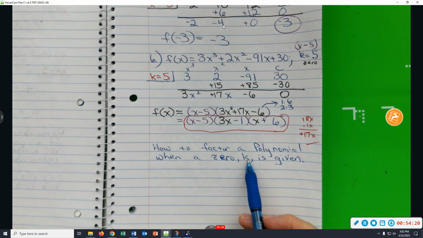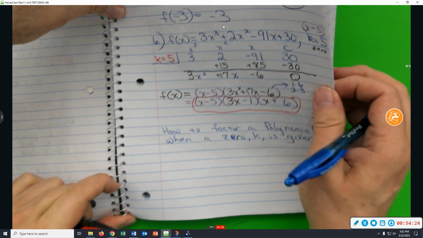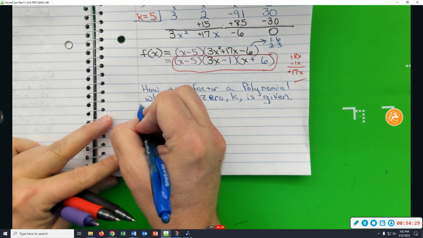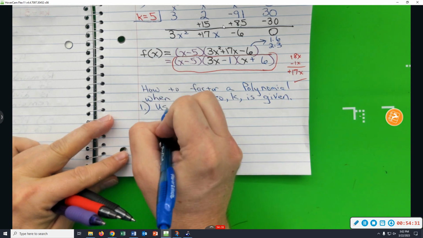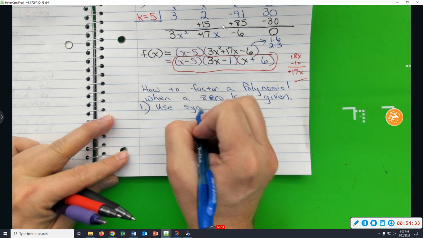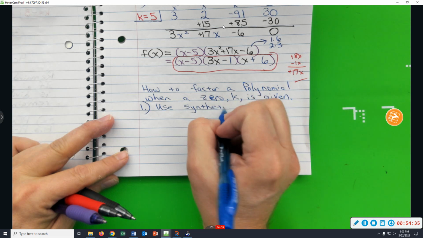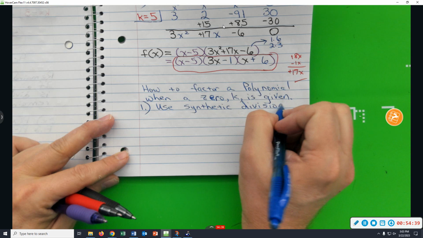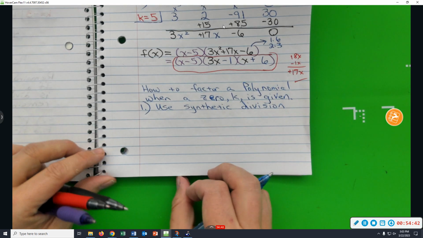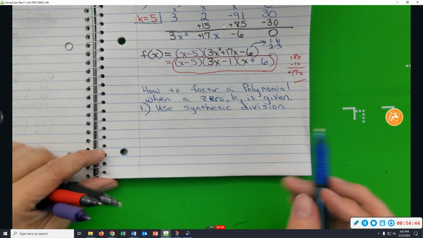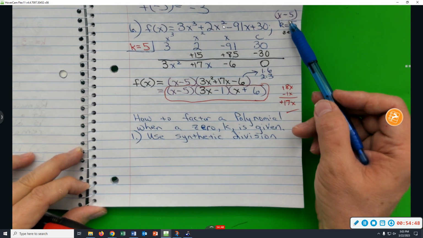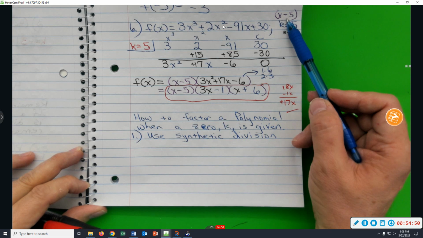When they give you that k, the first thing you do, use synthetic division. These are the 3 steps you'll use on problems 6, 7, and 8. And then we automatically know one factor, x minus k.